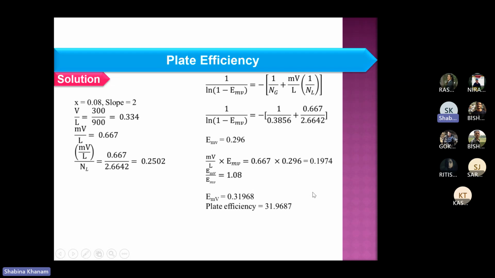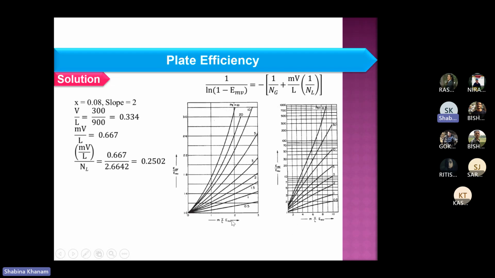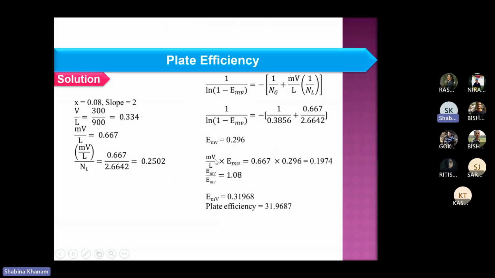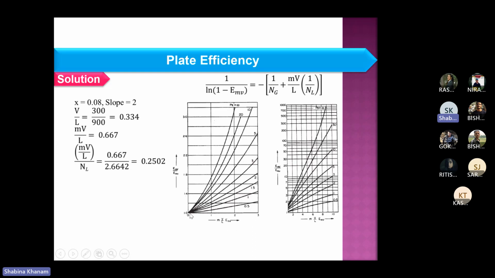Okay, now once I'm having this EMV, we need to consider this particular parameter MV by L into EMV, and Peclet number 10.9 you have already seen. Okay, so you can find out this MV by L into EMV, and which is coming out as 0.1974, and 0.1974, if you consider, it will be very near to this point.